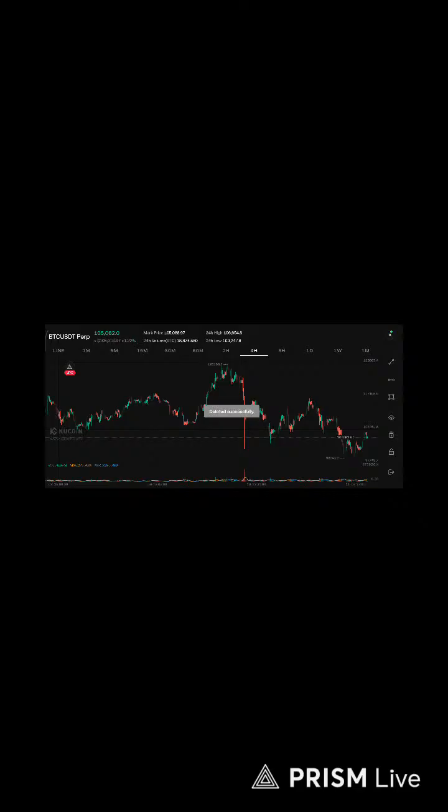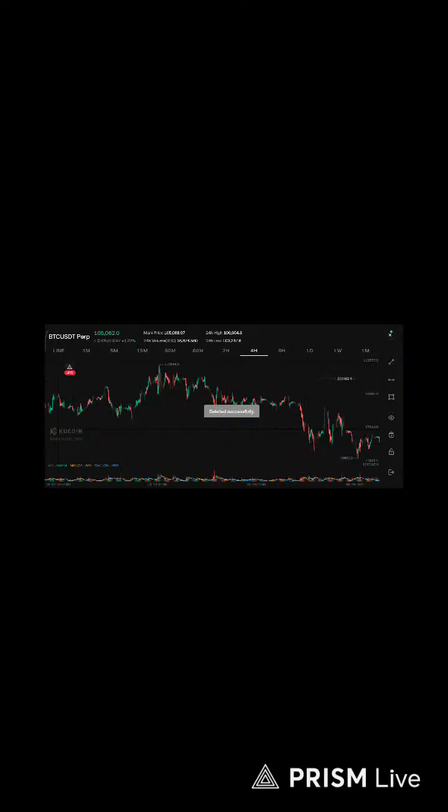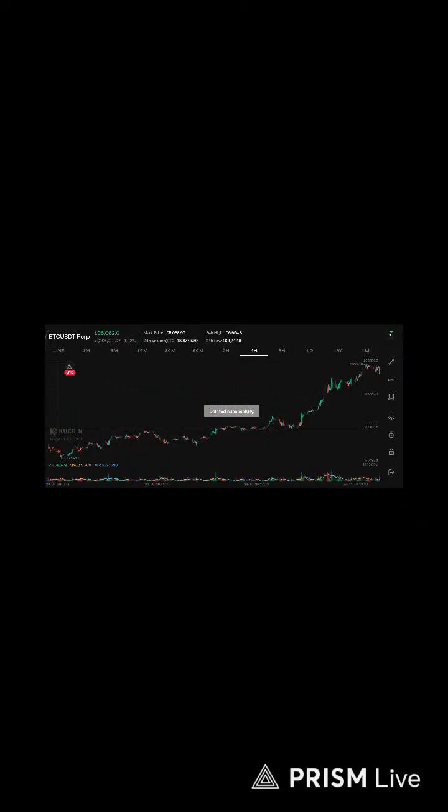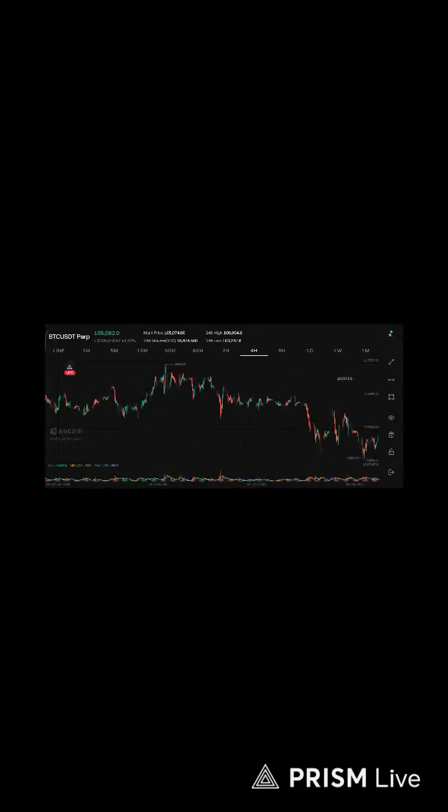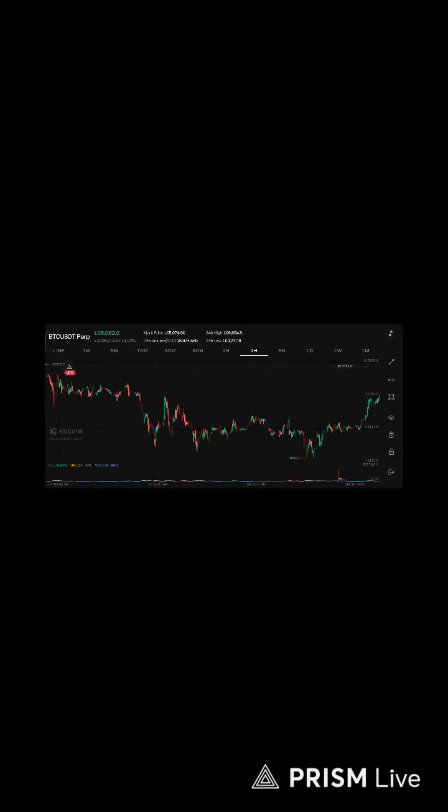That's definitely not what we are trying to get today. What we are going to try to do today, as I have already explained, is what we call break of structure. Before we move into the chart, let me quickly explain the theoretical aspect of BOS, which stands for break of structure.